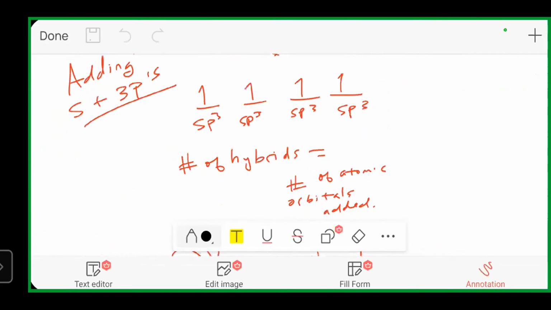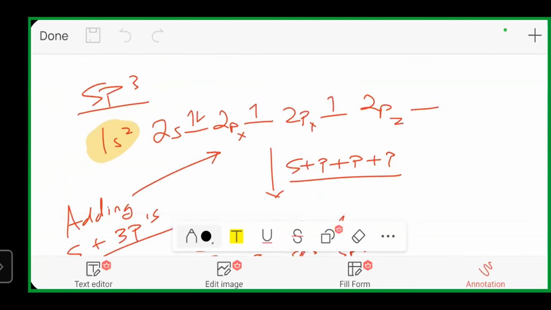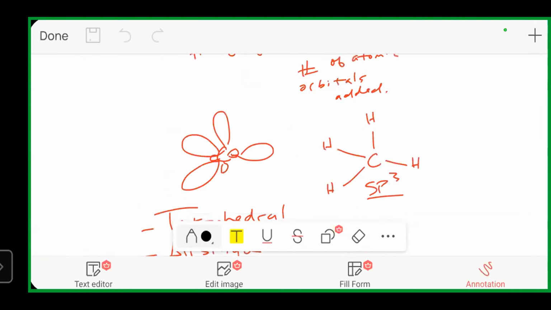If you notice in the sp3 orbitals, there are 4 orbitals and each one has 1 electron, because we took those 2 electrons that were in 2s and redistributed them across all 4 orbitals. That's how an sp3 carbon is able to make those 4 single bonds. All right, questions about that?